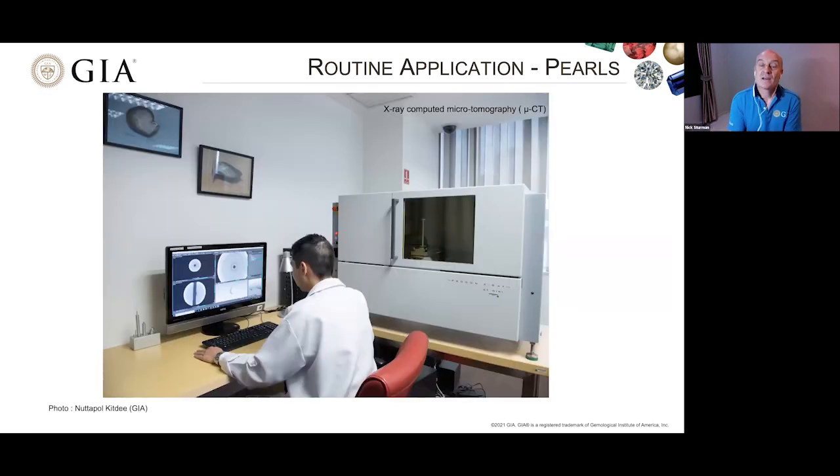So this brings me on to the other application in the lab that's used a lot, and that's X-ray computed microtomography. I've already shown you a few images that are produced by this unit. And unlike the RTX results I just discussed, this method allows gemologists to examine thin slices of a pearl in any given position in 3 different directions, and to obtain 3D imagery as well.